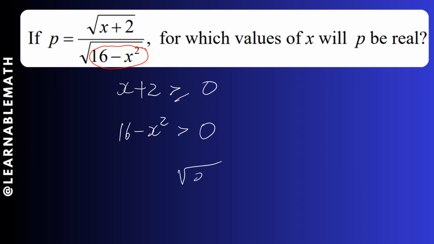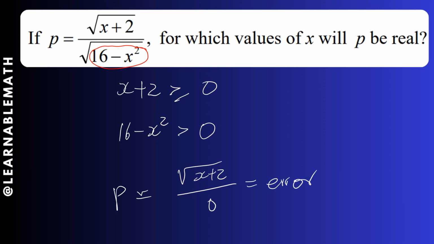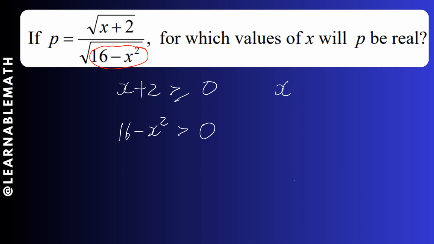It's no longer real, because you are dividing by 0, and anything divided by 0 is an error, non-real. So we just need to be a little bit careful there. As much as we are saying the square root must be positive, what is under it must not equal 0, because then you are dividing by 0. That is what you have to do, then you can simply solve.